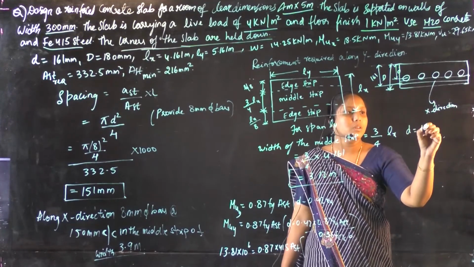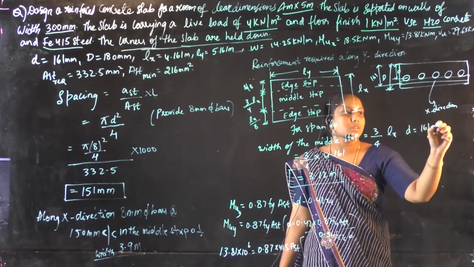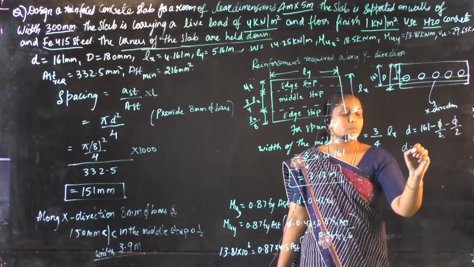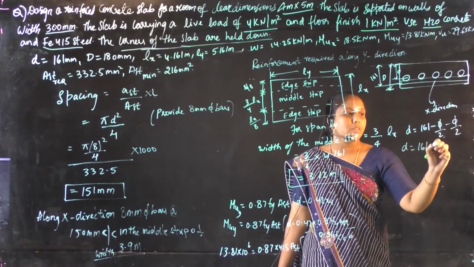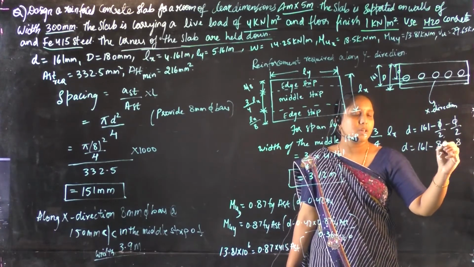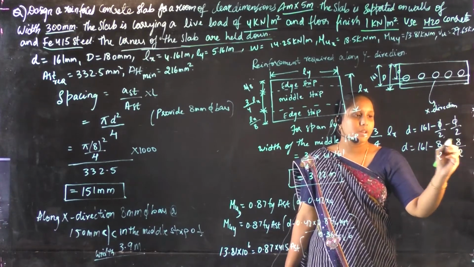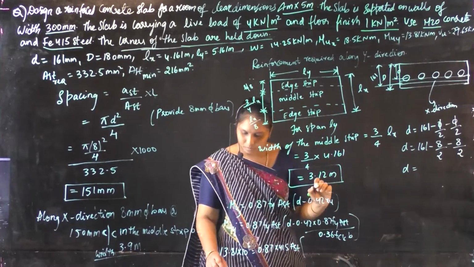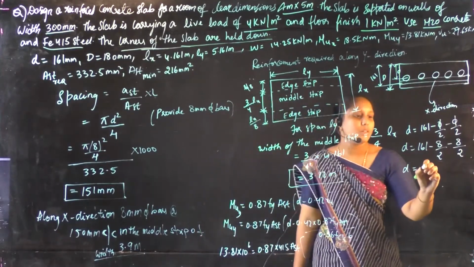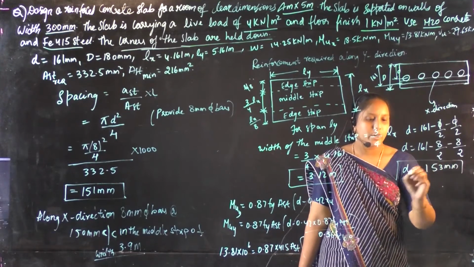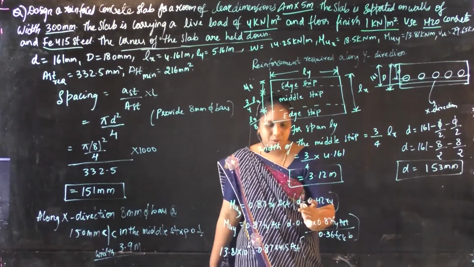D is equal to 161 minus phi by 2 minus phi by 2. So d will be 161 minus 5, we have taken it as 8. Here also I am providing the reinforcement in the y direction, the dia being 8. So from this you will get a value of d equal to 153 mm. So substitute this d here.